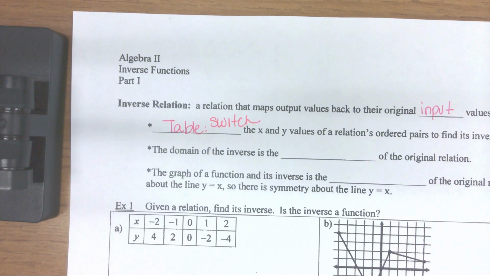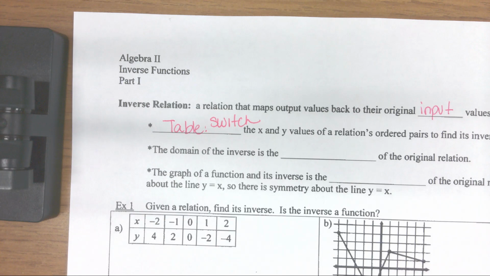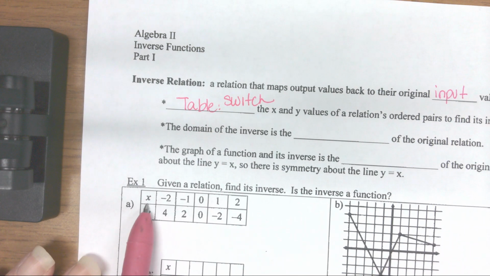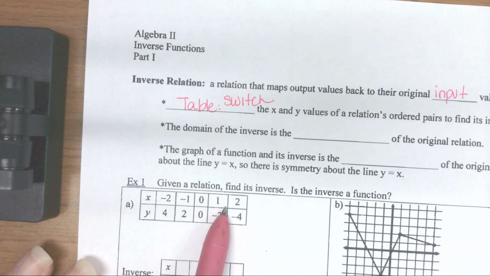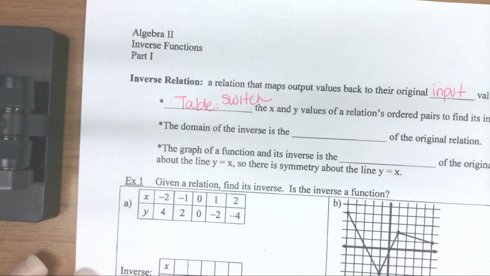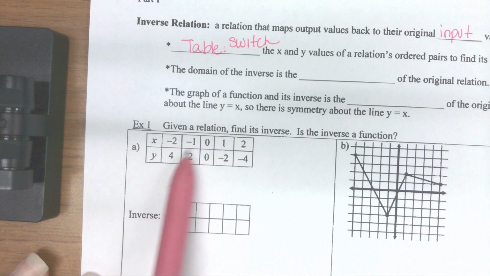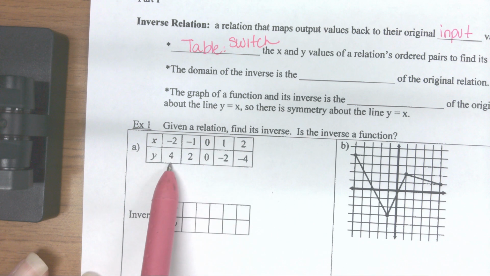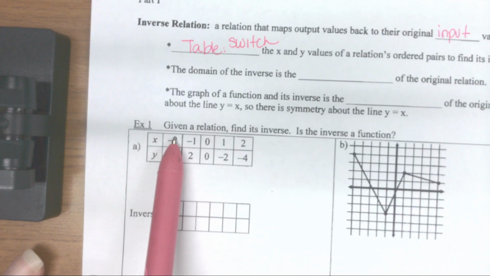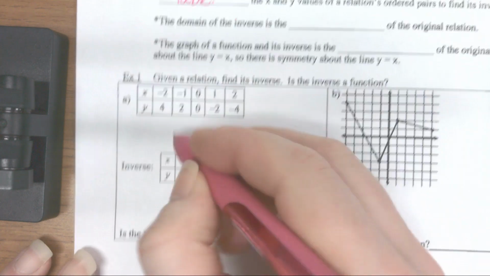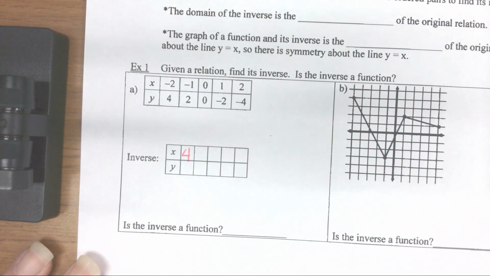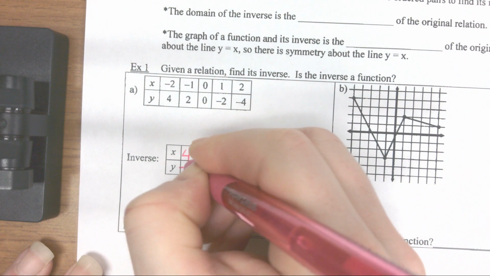So if I want to reverse these, the x values would move to the y values, and the y values would move to the x values. So I could take this and flip it around on the inverse. Instead of -2 going to 4, the x would be 4 and the y would be -2. Do you see I just flipped those around?